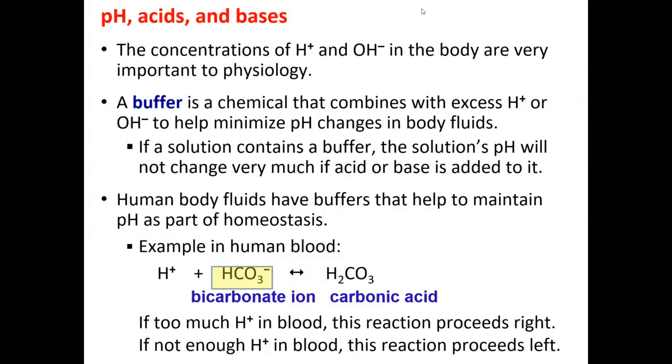In fact, this is one of the buffers right here in blood. In your blood, you always have these three things. You have these carbonic acid molecules that, if they come apart, form an H plus ion and this bicarbonate ion.